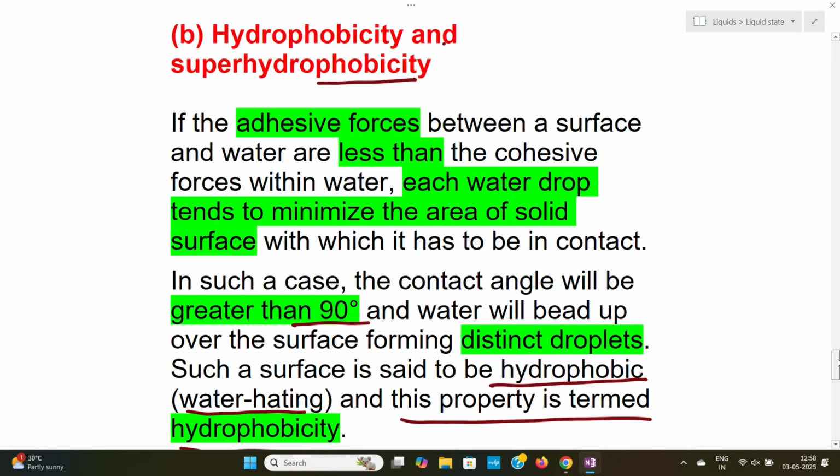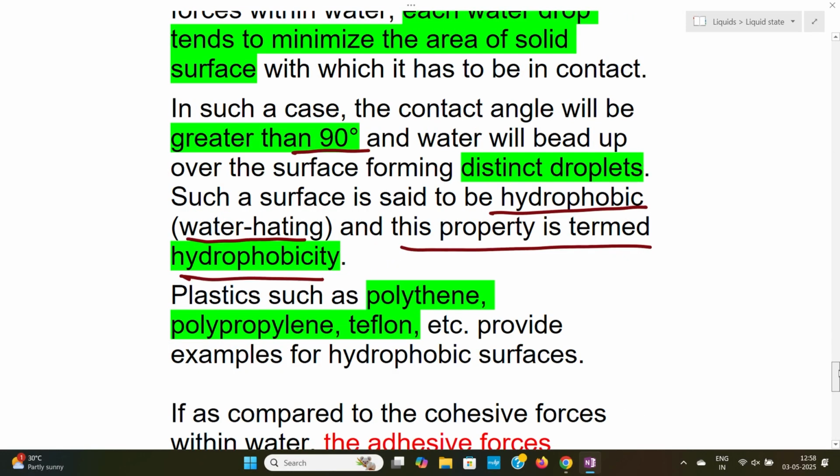In the case of hydrophobicity, two things we have to remember. One is the adhesive forces between the liquid molecules and the solid surfaces are less than that of the cohesive forces between the liquid molecules. The contact angle is greater than 90 degree in the case of hydrophobic surfaces, and this property is termed as hydrophobicity.